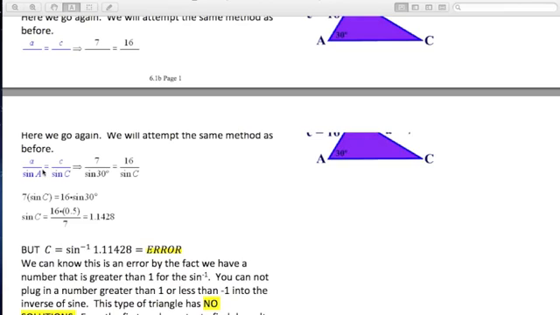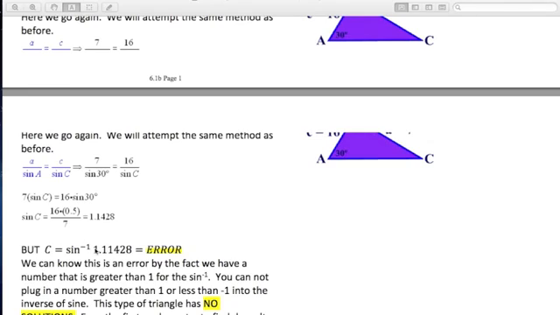I plug it into the law of sines, just like before. I work it out, and it gives me sine of C equals, and all that simplifies to basically 1.1428. But instantly, you know there's a problem, because when you do sine inverse of that number, your calculator gives you an error, domain error, or just error. Why?